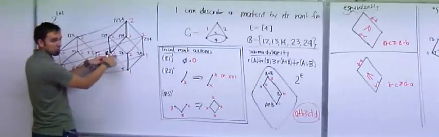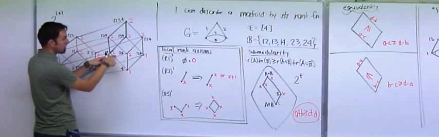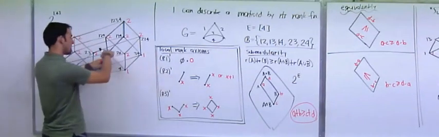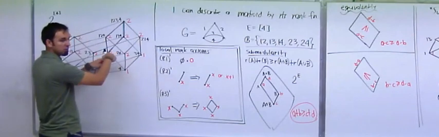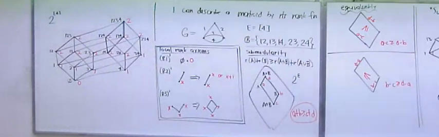And so I would have needed to subtract 2 from the rank function, not 1. So I don't subtract 1, I subtract the rank of the bottom guy here, which is T. So that's it.